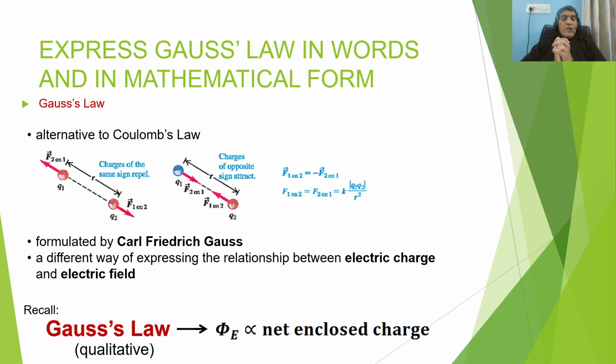So, by Gauss's law, we are able to calculate the electric field for a discrete charge system or a continuous charge distribution by the simple formula, the integral of E dot dA equals Q enclosed upon epsilon naught.